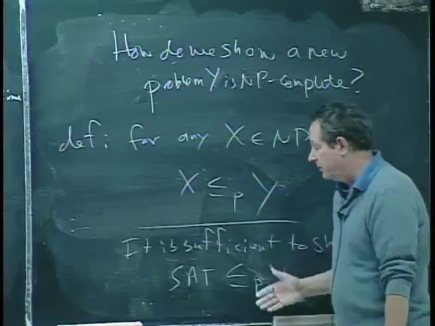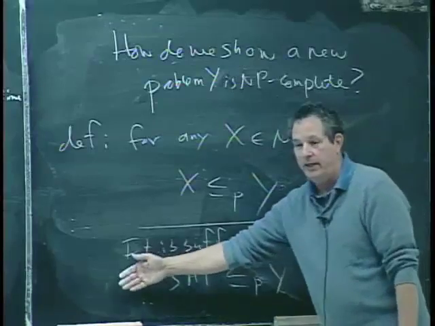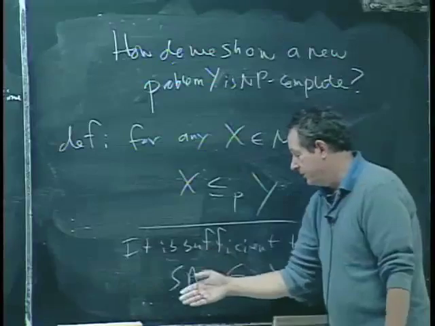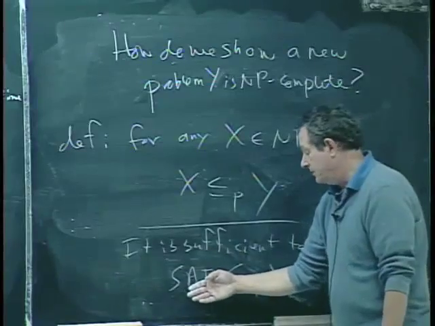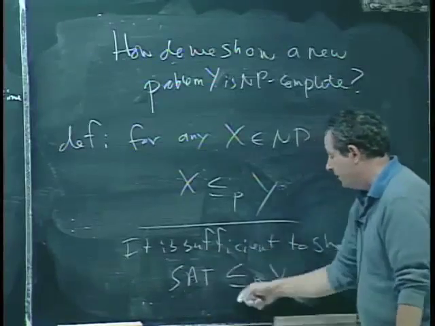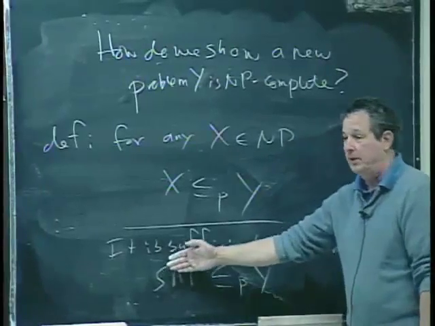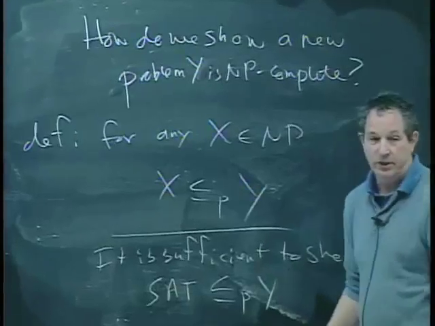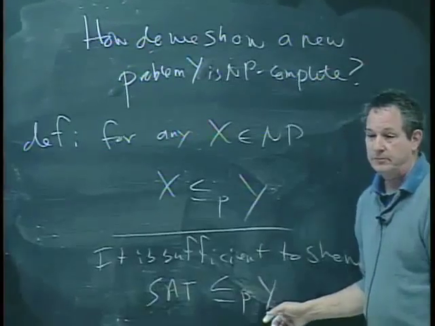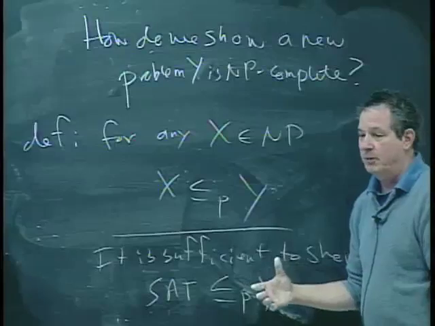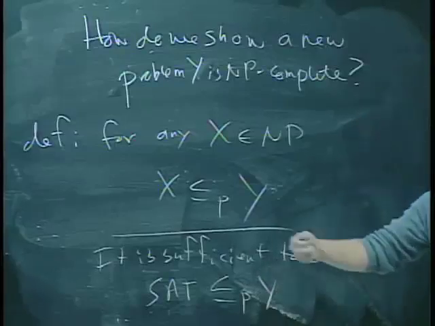And constructively, you can do it by taking any arbitrary problem in NP, reducing it to SAT, and SAT reduced by the specific reduction you just came up with to Y means that for any problem in NP, there's a specific reduction to Y. So this is how you prove new problems are NP-complete. It's just the chain letter business.